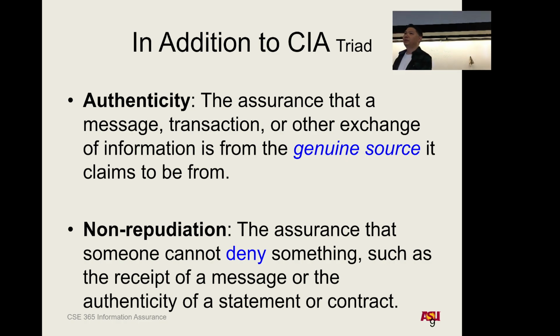I don't like my neighbor's food, and I'd like to order 100 pizzas for them. I don't care about the payment. Somebody asks me, did you order? No, I didn't order. Do you have any evidence for that? You insist? So, non-repudiation.